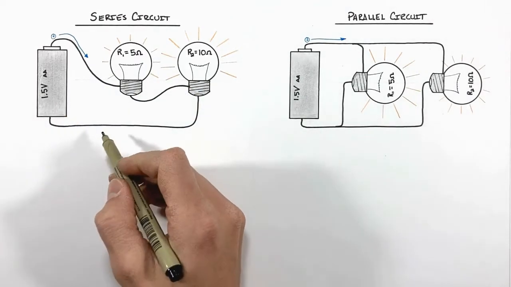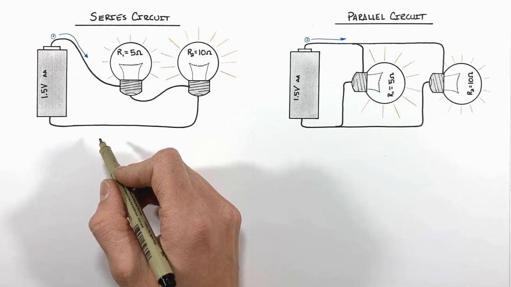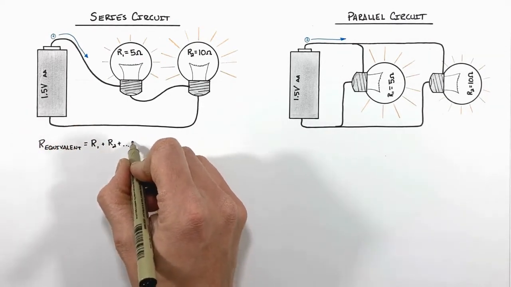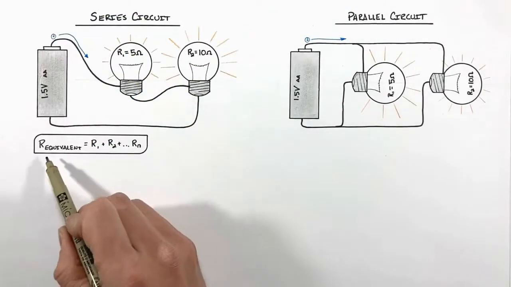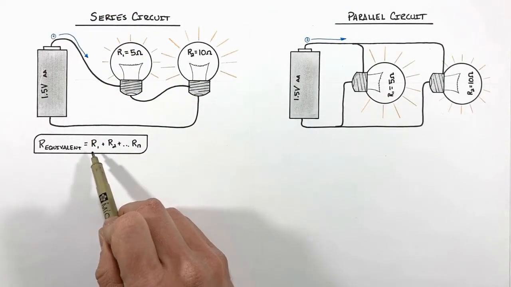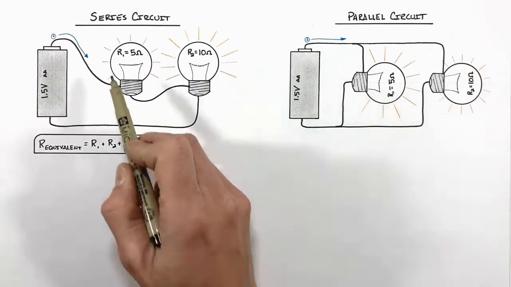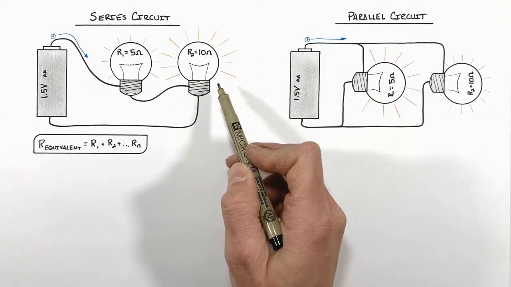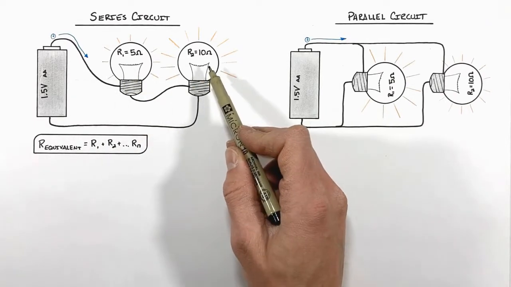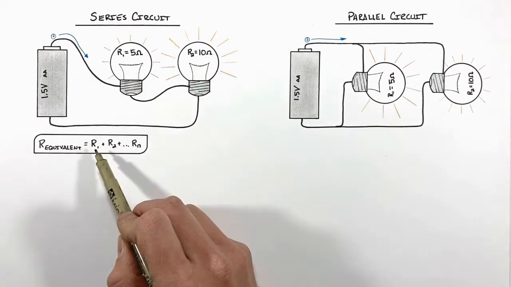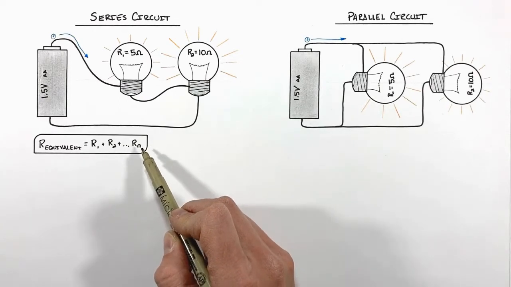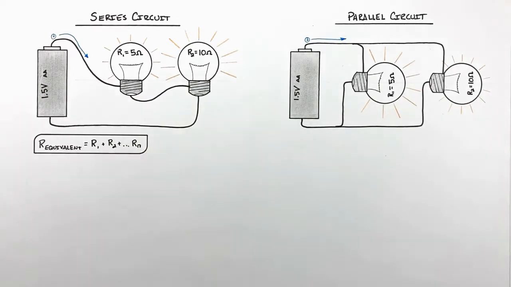Now, equivalent resistance in a series circuit is given by the equation: equivalent resistance is equal to the sum of the individual resistances of the resistors, or in this case bulbs, in the circuit. Now you'll see there's only two bulbs in this circuit, R1 and R2, but you can continue adding as many resistors as you want in series according to this equation.